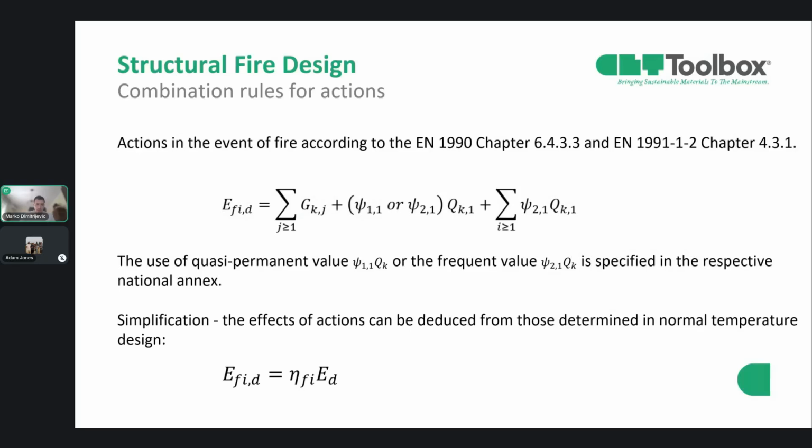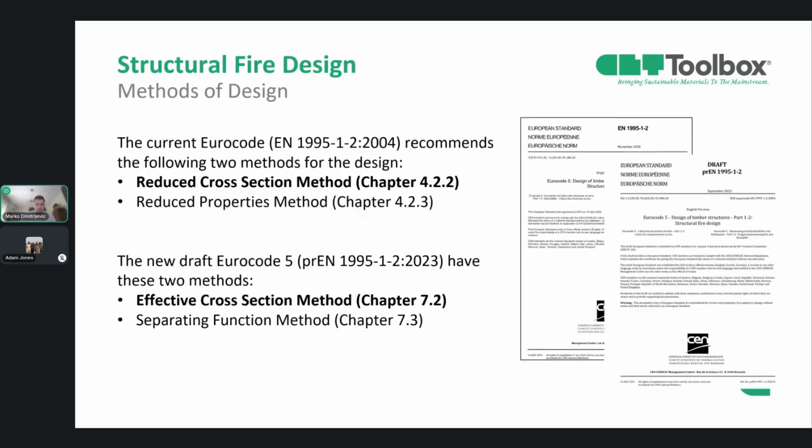So we have Ed, the design load effect when designing for normal temperature, and we have a reduction factor for the design load in case of fire. The current Eurocode recommends two methods for the design: the reduced cross-section method and the reduced properties method.